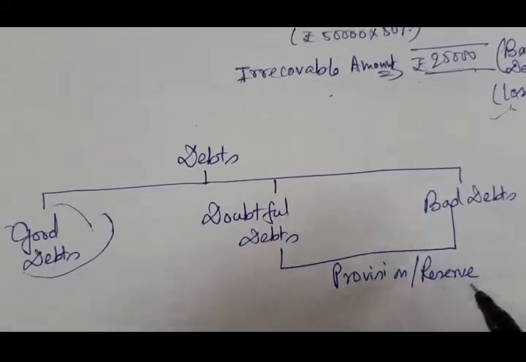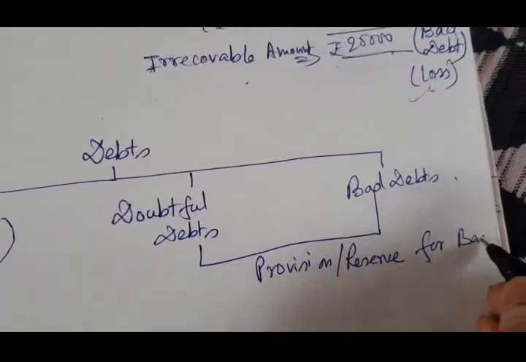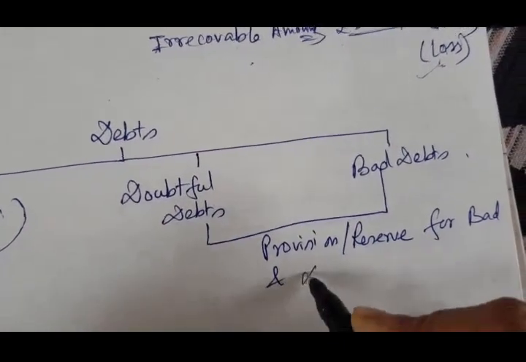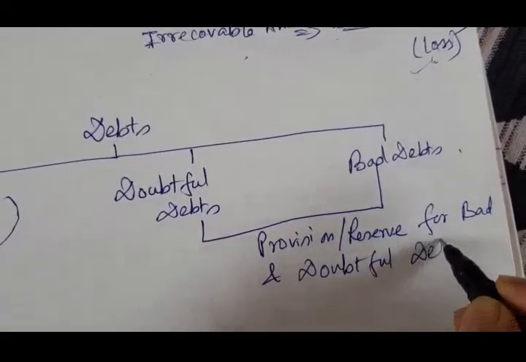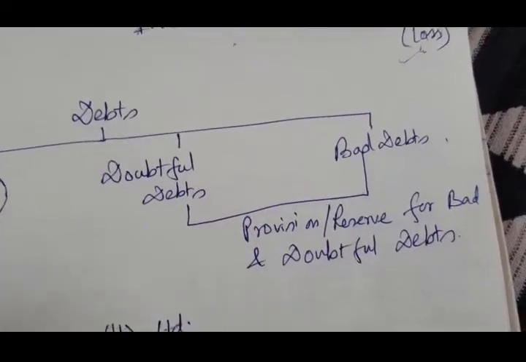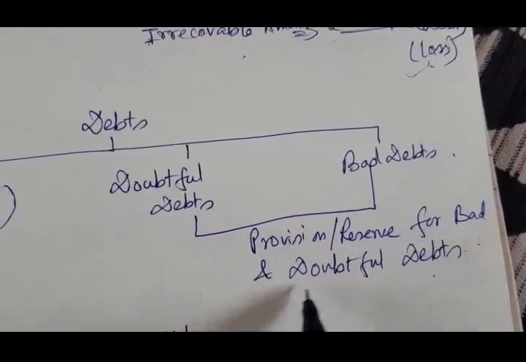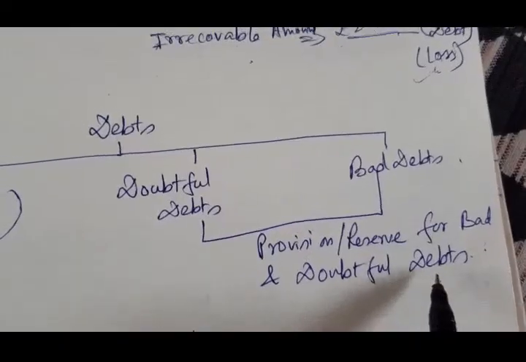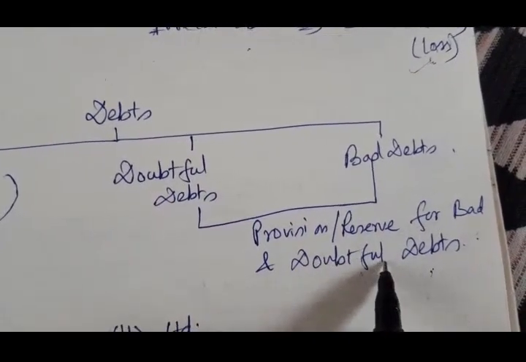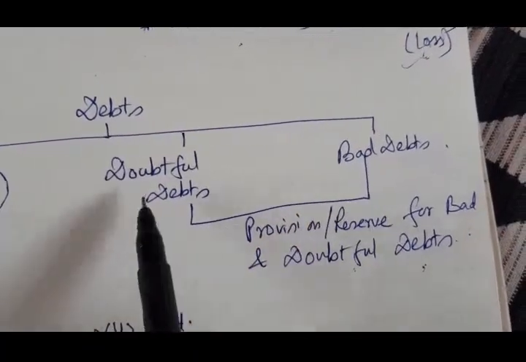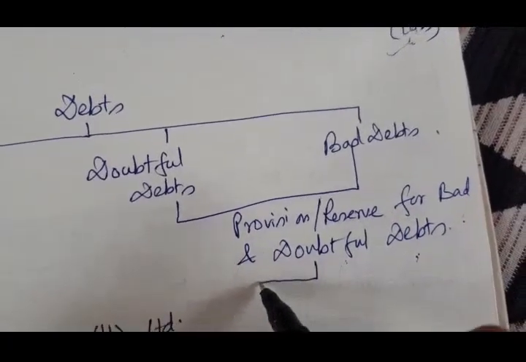The name is provision or reserve for bad and doubtful debt. We are creating a fund to compensate for a loss which may arise because of bad and doubtful debt. Now this provision may be of two types.